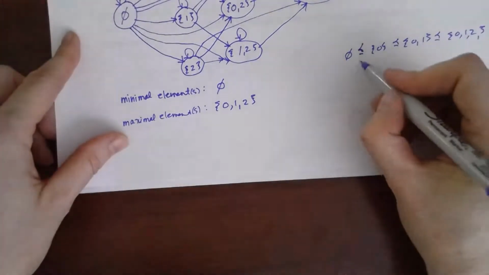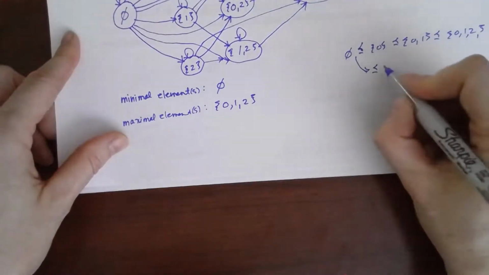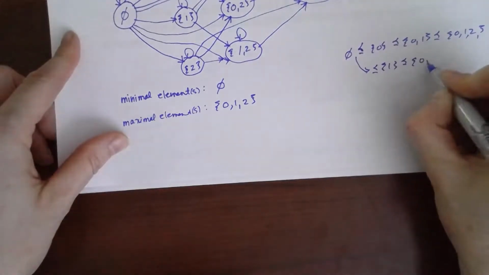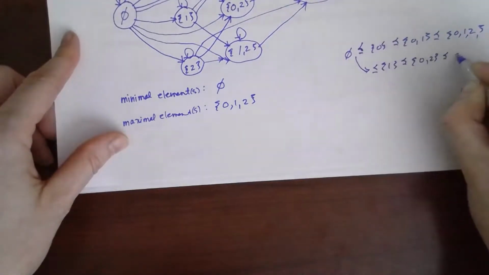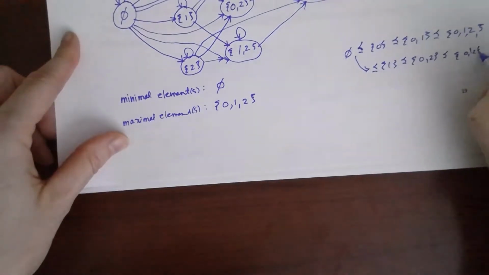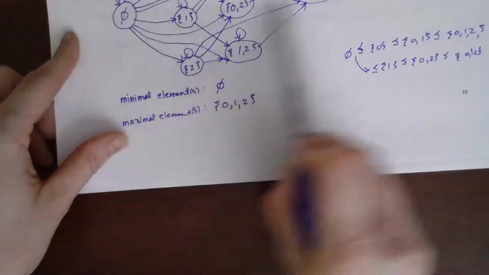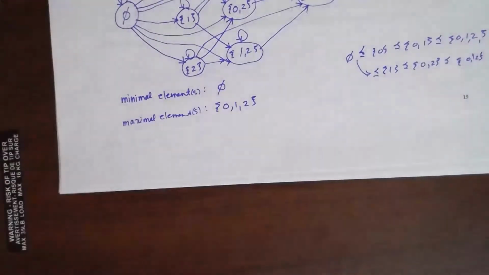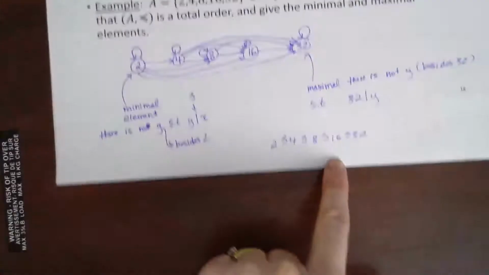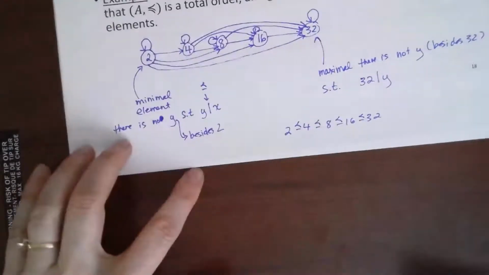So I'd have to have a separate path that comes down here, comparable to 1, comparable to 0, 2, comparable to 0, 1, 2. I can't just make one path. I'd have to have this path and this path and this path. That's why this is partially ordered, but the other one is totally ordered, because I can just make one path and all the relationships are in there.